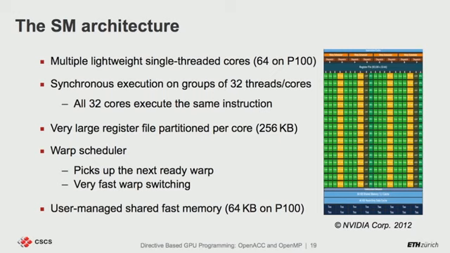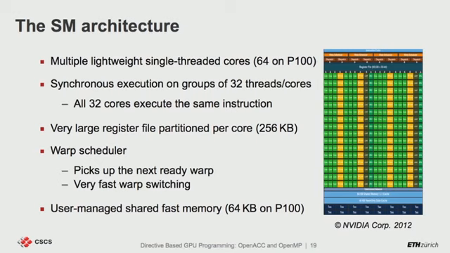An SM processor consists of multiple lightweight single-threaded cores. It's 64 on the Pascal architecture. Each of those cores is very, very simple.